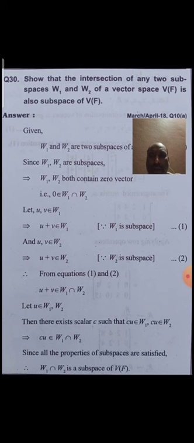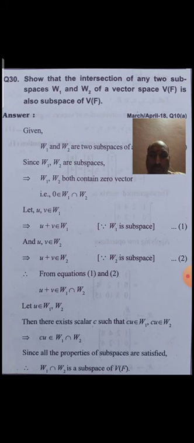And u, v belong to W2 implies u plus v belongs to W2, since W2 is a subspace. This is equation 2. Therefore, from equations 1 and 2, u plus v belongs to W1 intersection W2.